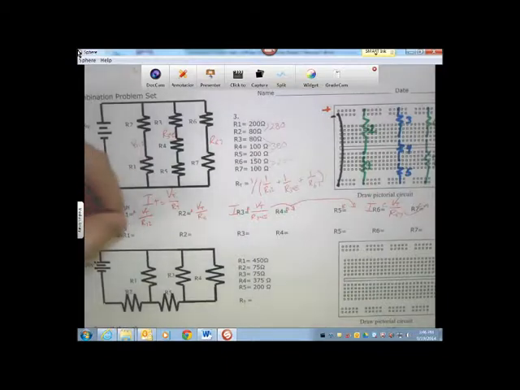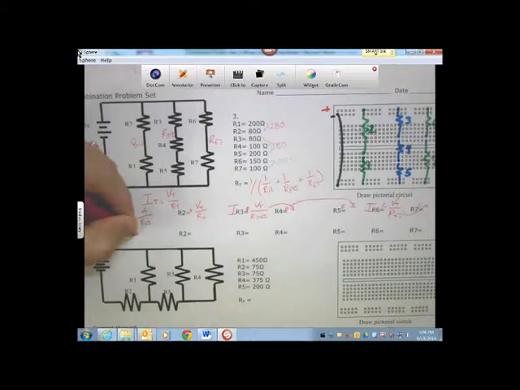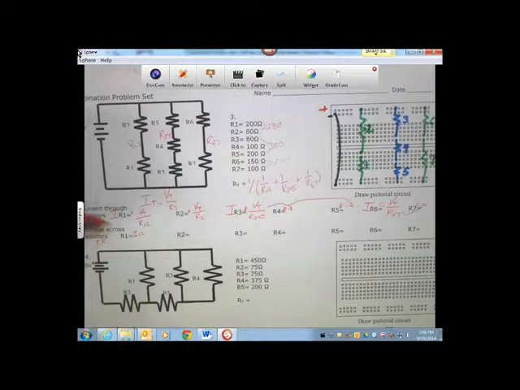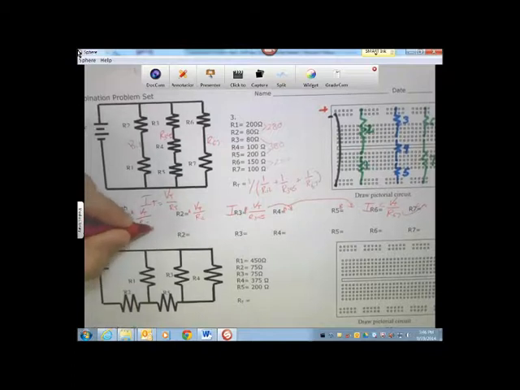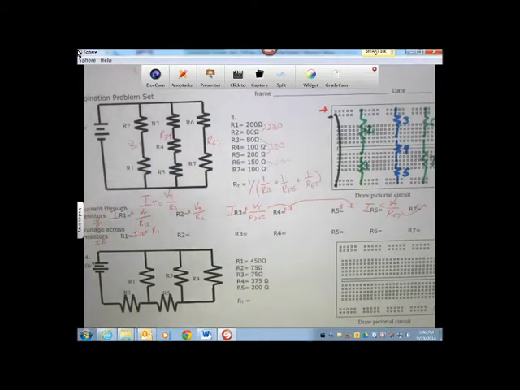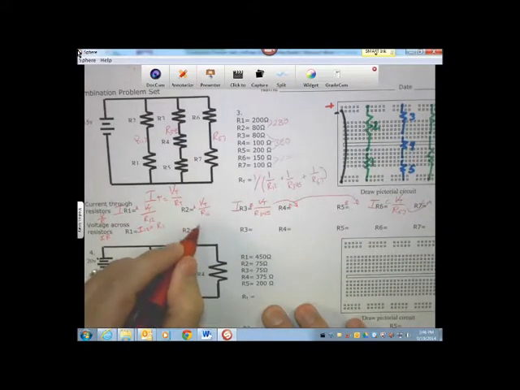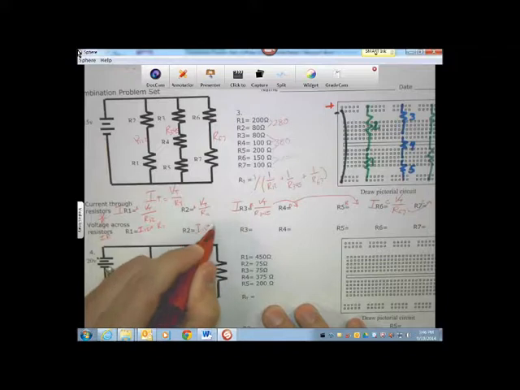So voltage drop of R1 is going to be I of 1, 2 times R1. And then the same thing for resistor 2. We have I of 1, 2 times R2.